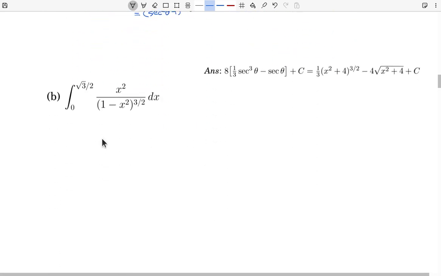Now for the next one, again, x cannot be larger than 1. Here it is in half power, a square root and the whole thing squared, so the square root must be well defined, becoming non-negative, which means x cannot be larger than 1, so we choose x to be sine theta.